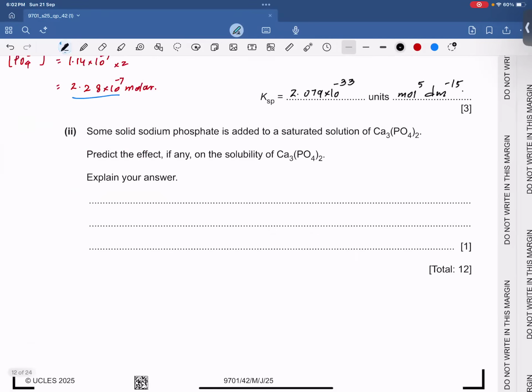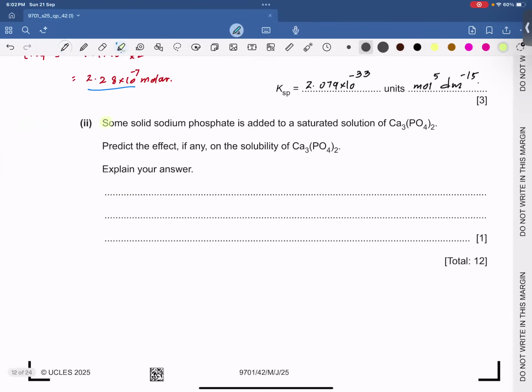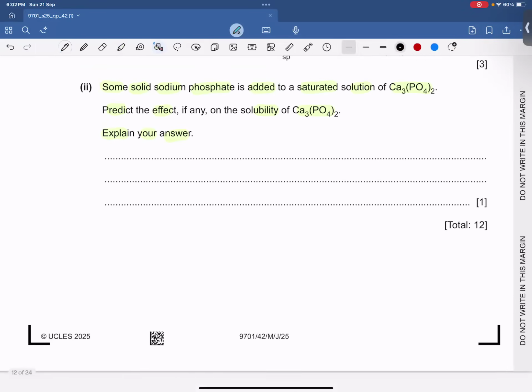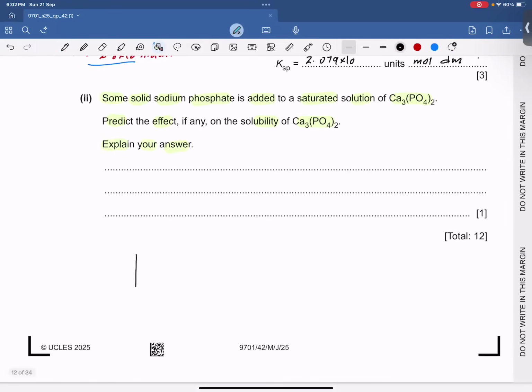All right. Now in the next part, some solid sodium phosphate is added to a saturated solution of calcium phosphate. Predict the effect, if any, on the solubility of calcium phosphate. Explain your answer. That's called the common ion effect. Let me show you something here. Let me have a beaker here.